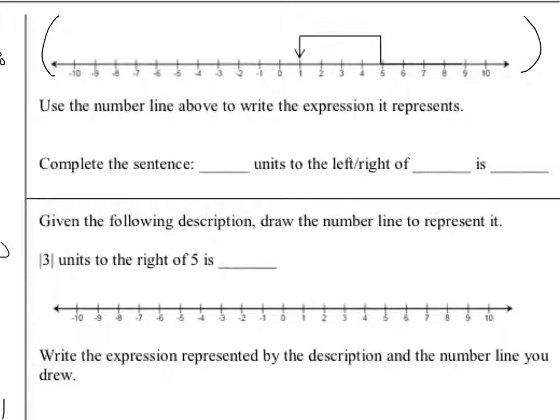If we think back to the way that we use these number lines, the arrow tells us that we started here. So that's the first part of our expression. And where the arrow goes tells us what we did. I see that the arrow goes to the left, so that means we added what type of number?